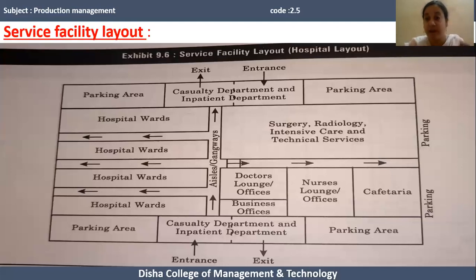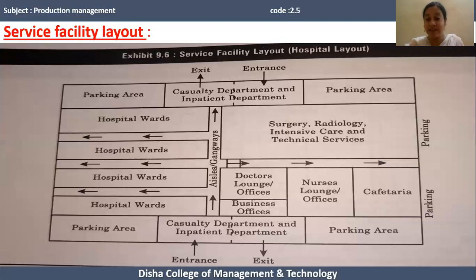In the casualty department, emergency treatments are done. There may be an exit gate and an entrance gate, and in any emergency, the patient can go to the casualty department without any difficulties. And on the left side, the superintendent identifies different wards for different departments. And on the right side, there are various departments like the surgery department, radiology department, and other departments.